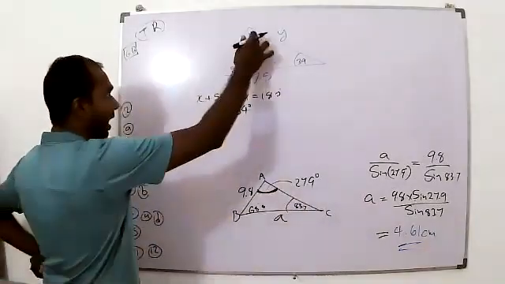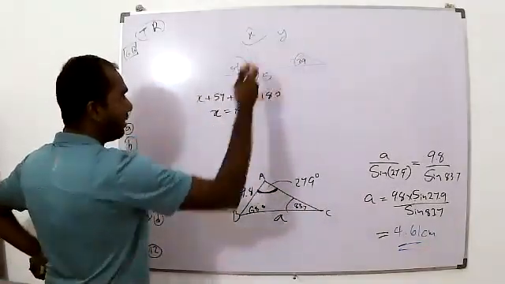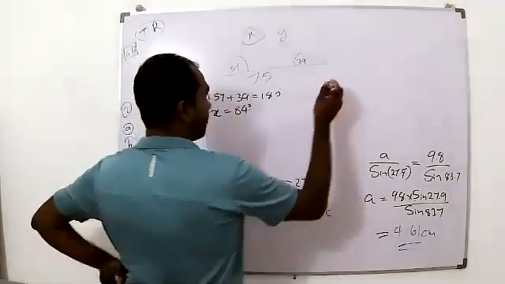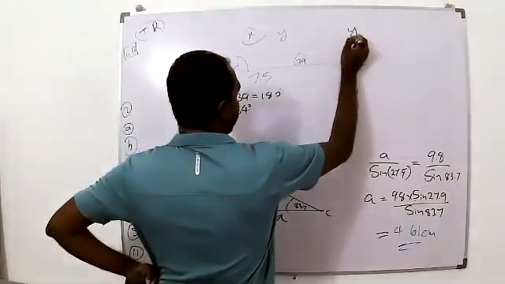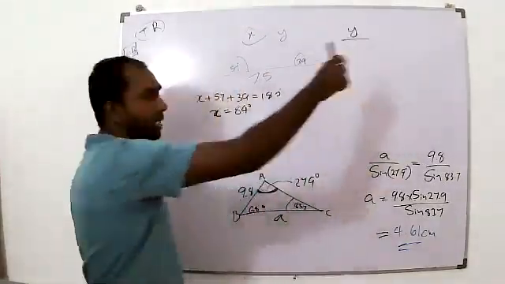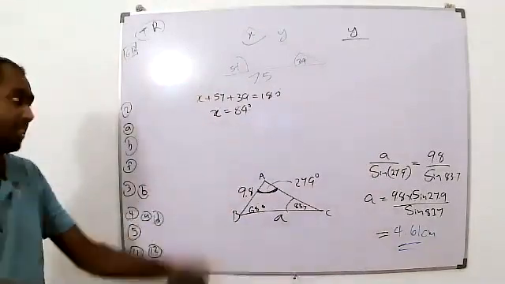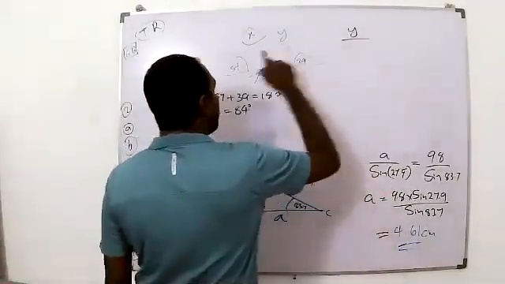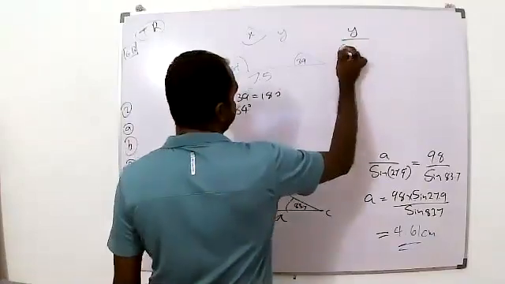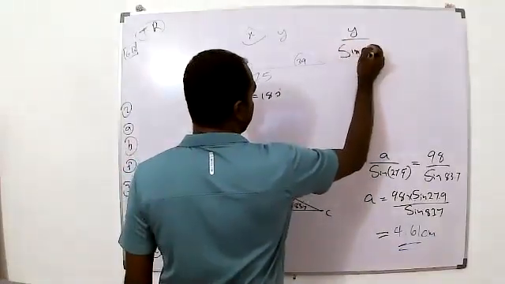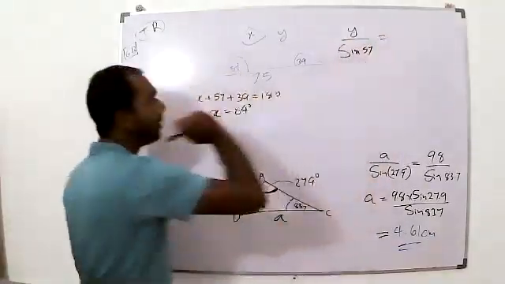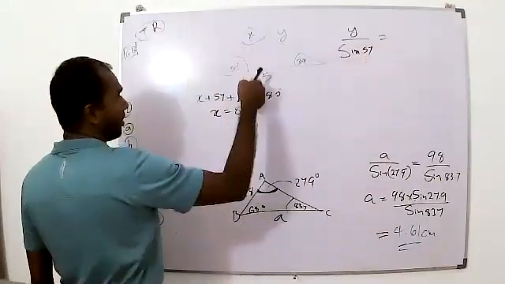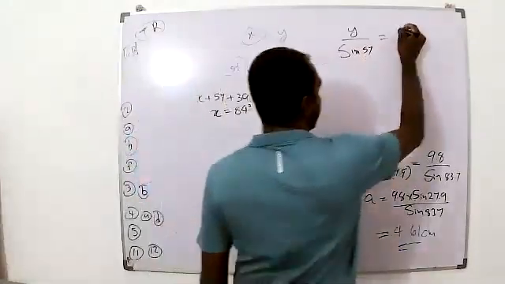Since we know this angle here, we can apply the sine rule here. How? Y divided by sine 57, I am always taking y to the front. Why? It's easy when I have y over the corresponding angle 57. Sine 57 equals how much? 7.5 over sine x.